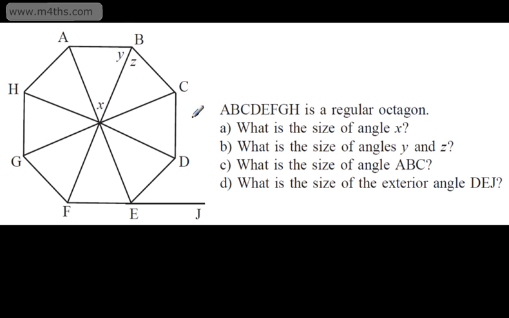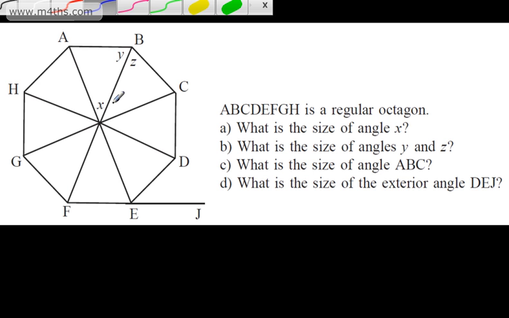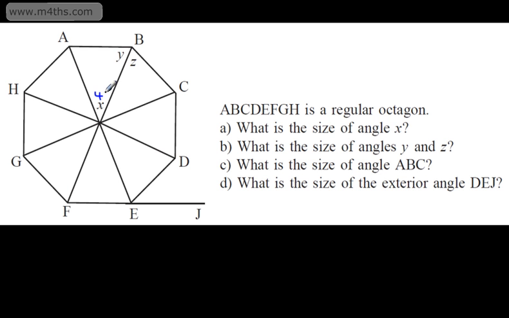If we look at this now, what we've got is a regular octagon. So we know that this sum around the centre, around a fixed point, gives us 360. So 360 divided by 8 gives me that this angle is going to be 45. So if we think about this now, what we have are these two sides which are going to be the same. So if we consider now what I've got as an isosceles triangle, each of these is going to be what's left over from the 180, which is 135, divided by 2.